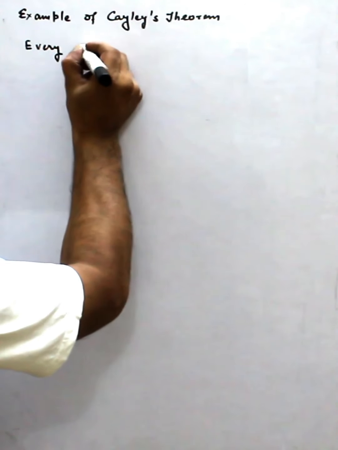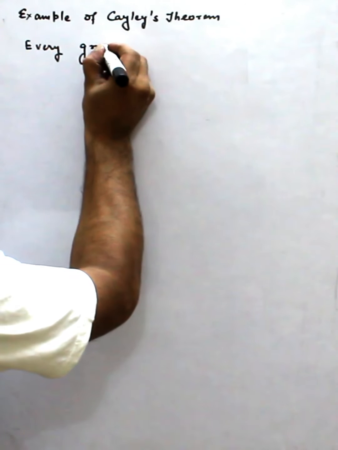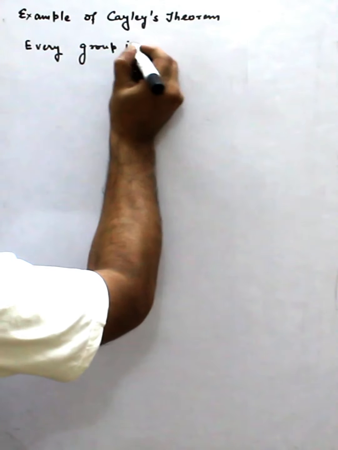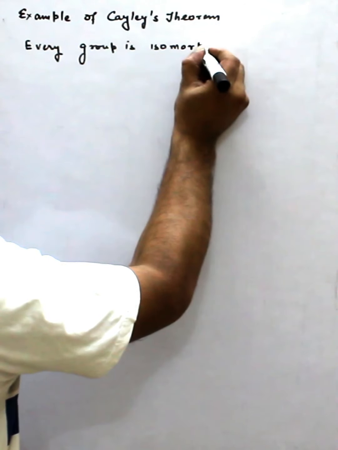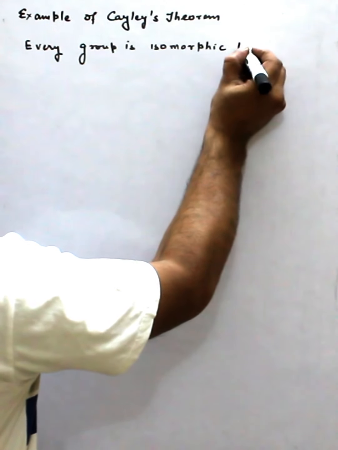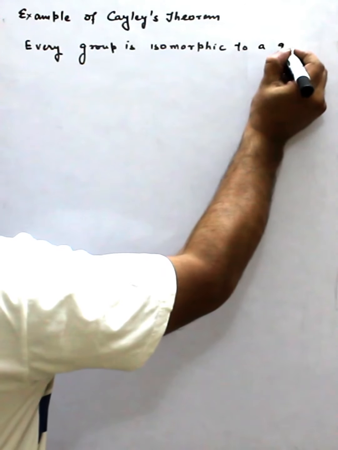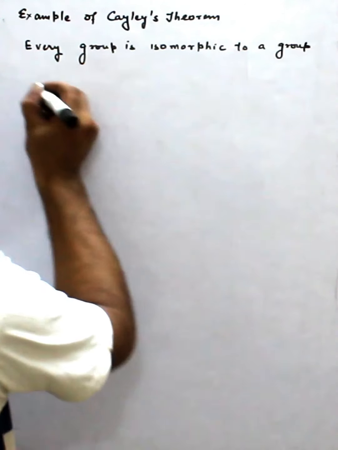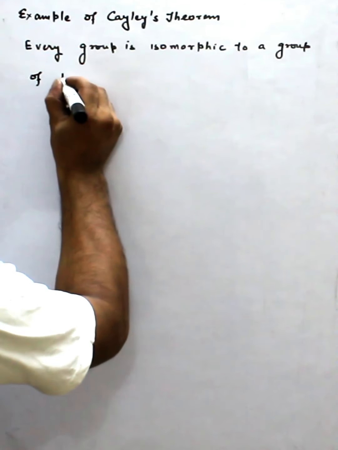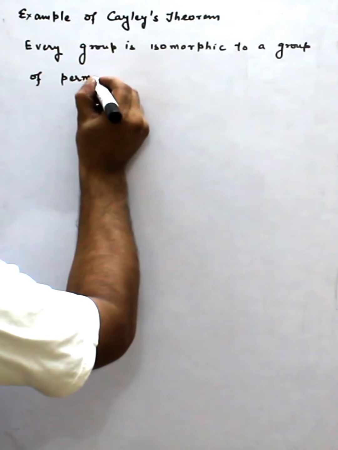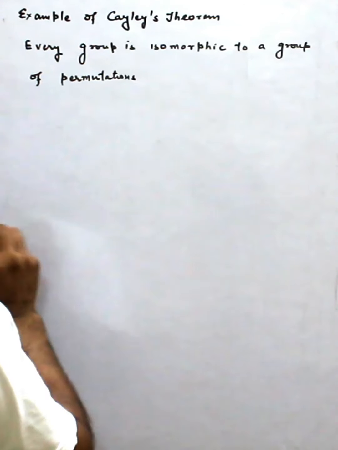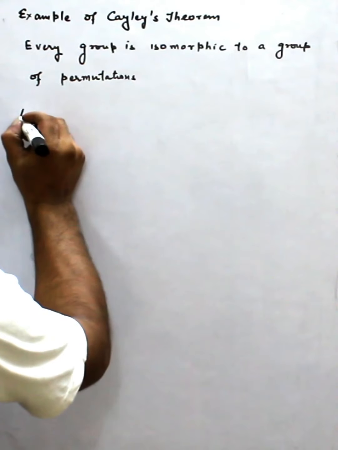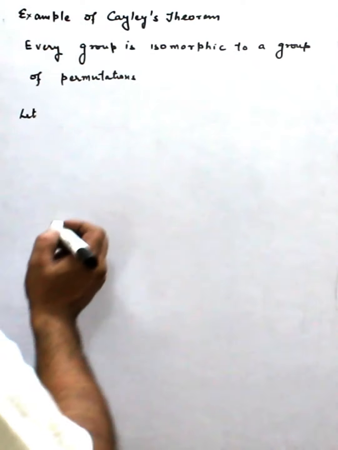Every group is isomorphic to a group of permutations. So let here I am taking the example of Z3.